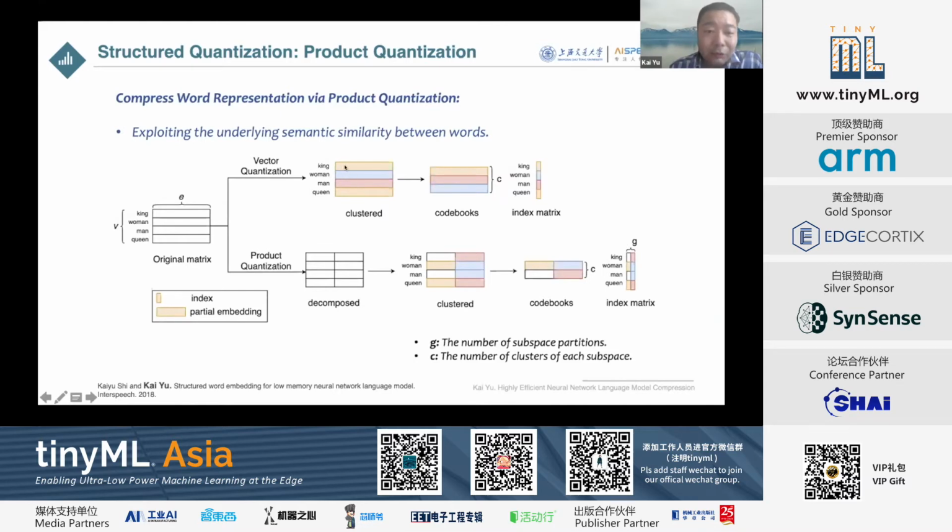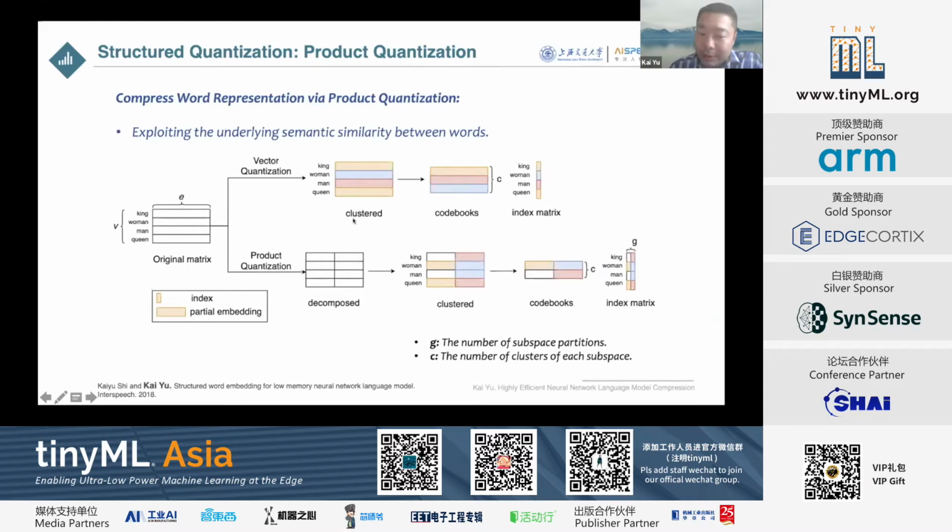And then for each word, we just select the index from the codebook so that we can use an integer, an index of the codebook, to represent each word. In this case, the whole parameters for the quantized word matrix are the C clusters in the codebook and the index for each word. But this is not efficient.